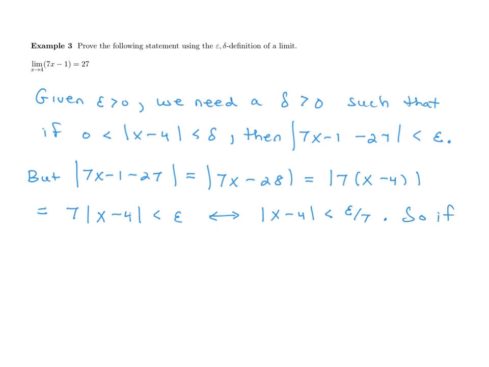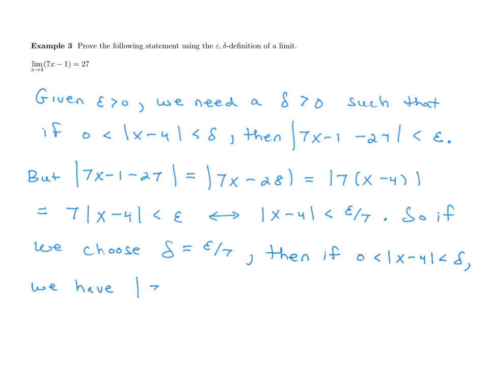So if we choose delta equal to this thing here, which is epsilon over 7, then we know it all works. That is, if 0 is less than |x minus 4| is less than delta, we have that |7x minus 1 minus 27| must be less than epsilon.